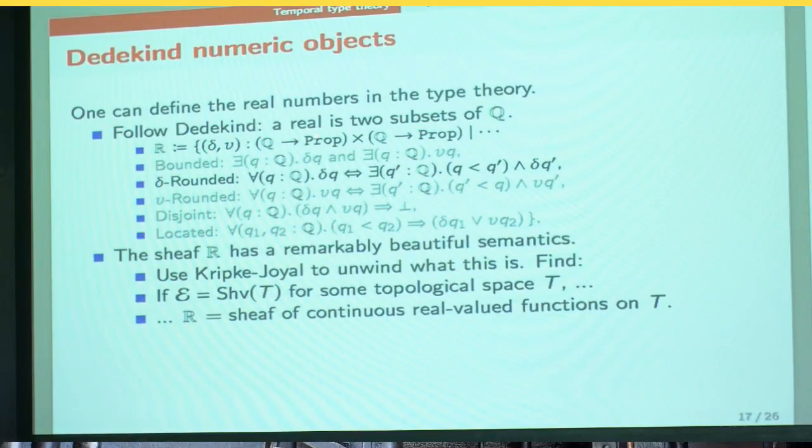So if you write down these things and then translate them into Kripke-Joyal semantics, you might get nonsense, but it turns out over and over that you're satisfied with what the Kripke-Joyal semantics gives you. It just works well. So if you are looking at the topos of sheaves on a topological space, then this type that you build with the Kripke-Joyal semantics and the Dedekind type turns into the usual sheaf of continuous real-valued functions.